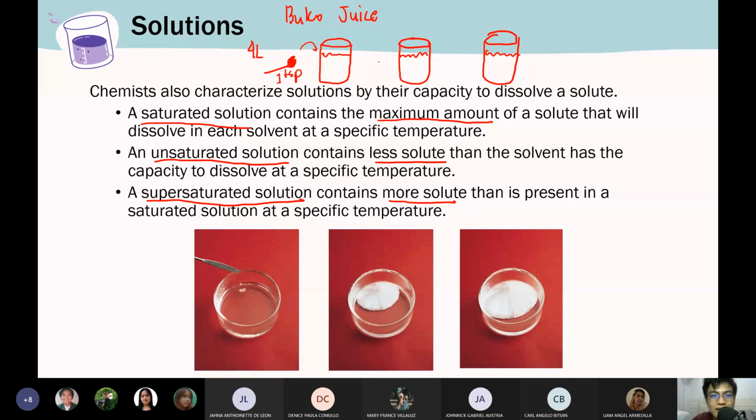However, let's say ilagay ko mga 10 teaspoon. Kunwari matamis na yan, may artificial sweetener, no? Magic sugar. Anyway, uso naman yun eh. Ayan. Kunwari, 10 teaspoon ng sugar na nilagay na niya. Matamis na yan, no? Okay, matamis na siya. And all the sugar crystals, all the sugar powder will be dissolved in the buko juice, no?